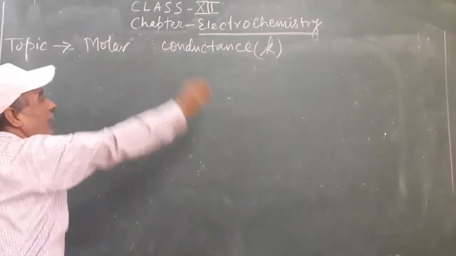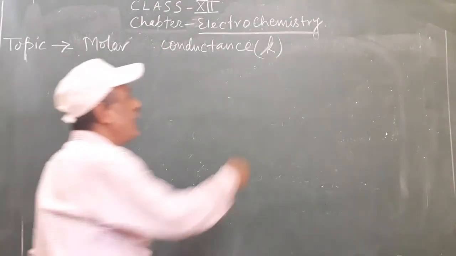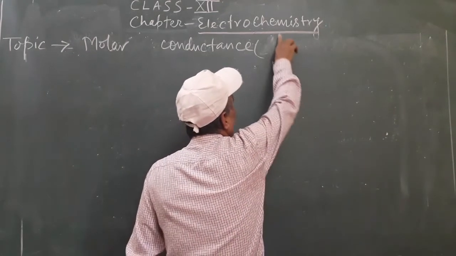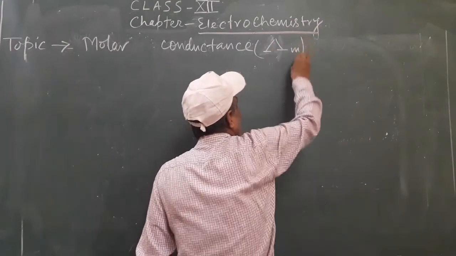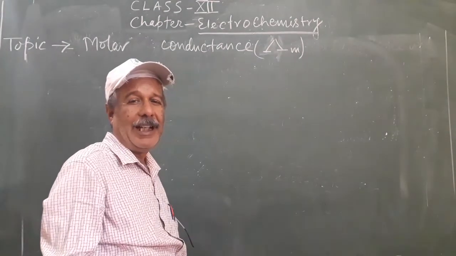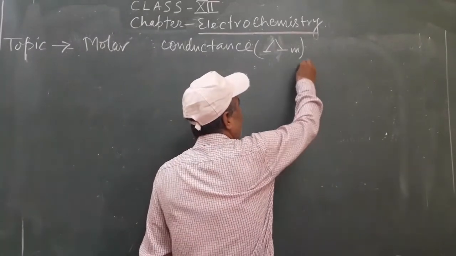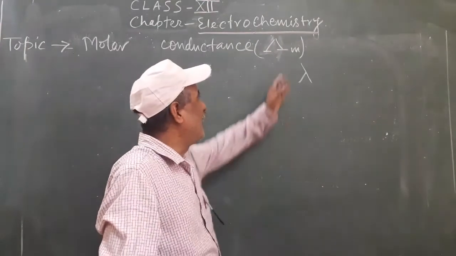Its symbol is lambda m. Generally, students, you are familiar with this lambda, so you will be making a doubt that from where this lambda came.